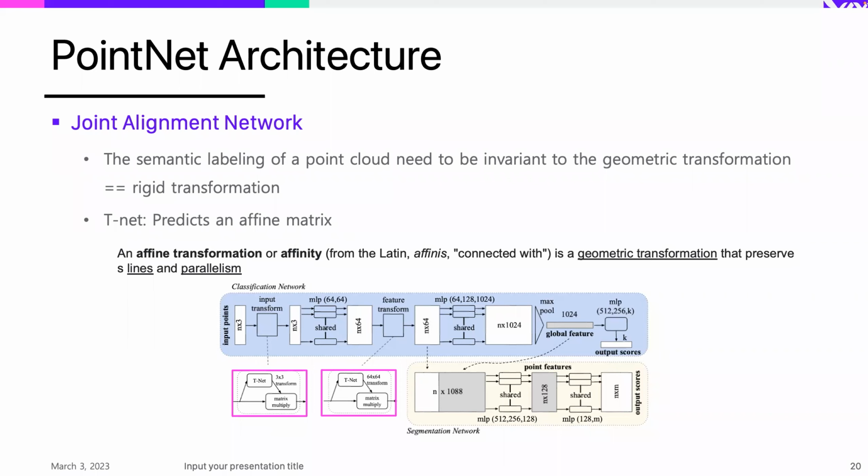Affine transformation. So we never change the relationship between points. It should keep the distance and the direction.